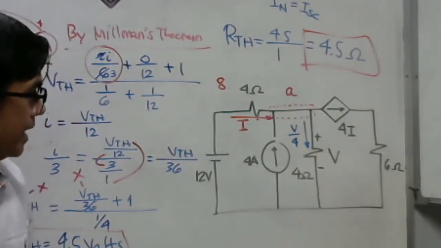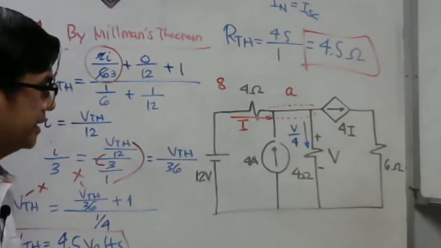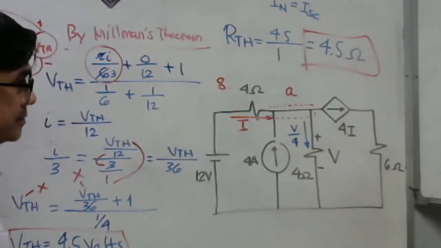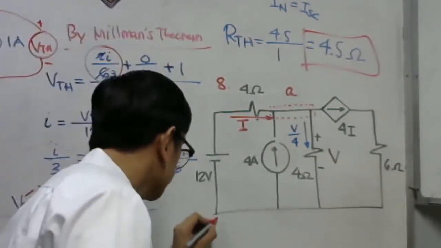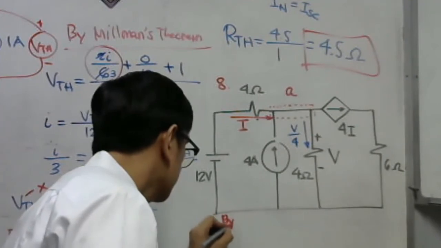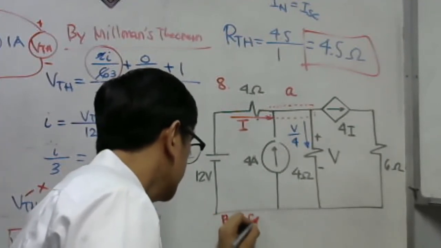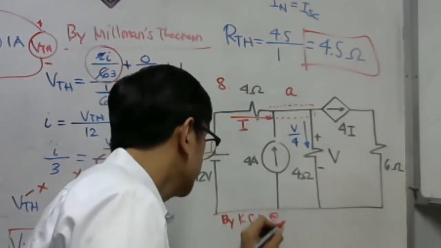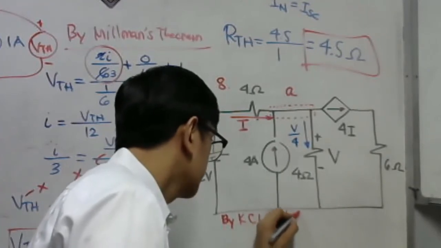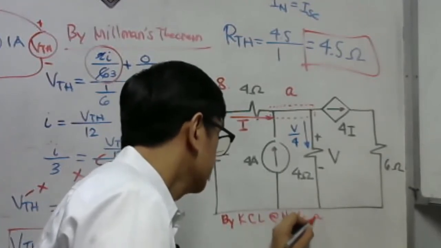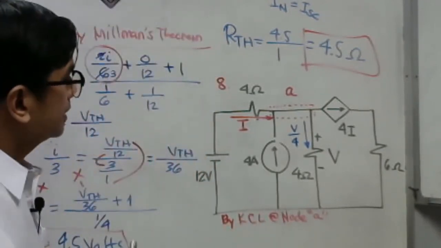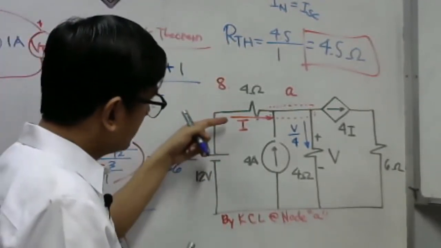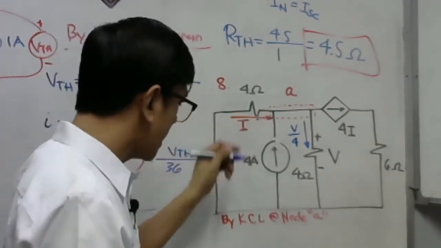So, let us have now the Kirchhoff Current Law at node A. Take a look here, guys.